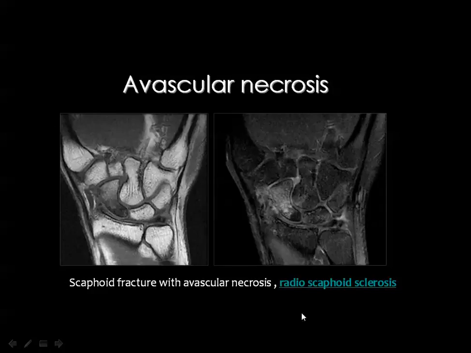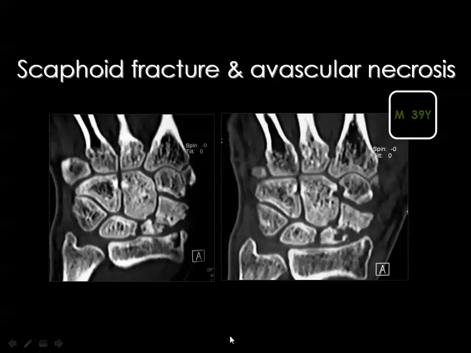And look here, this is the scaphoid, and most of the scaphoid bone is edematous, showing high signal in the T2 weighted images except for the proximal bone. This is most likely a necrotic bone because it is of low signal in the T1 and low signal in the T2 weighted images.